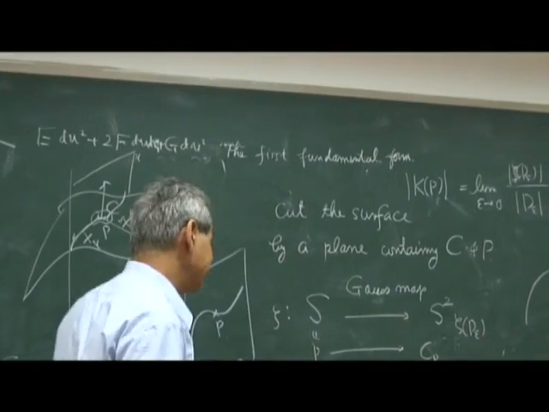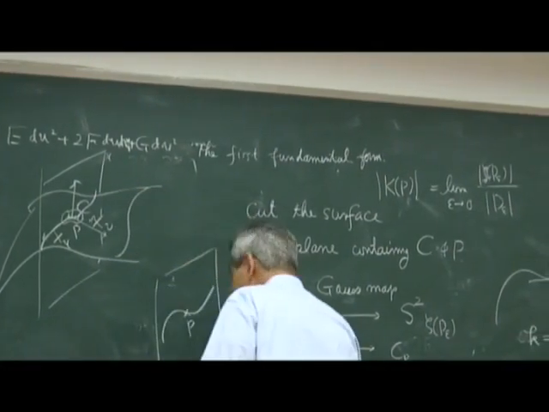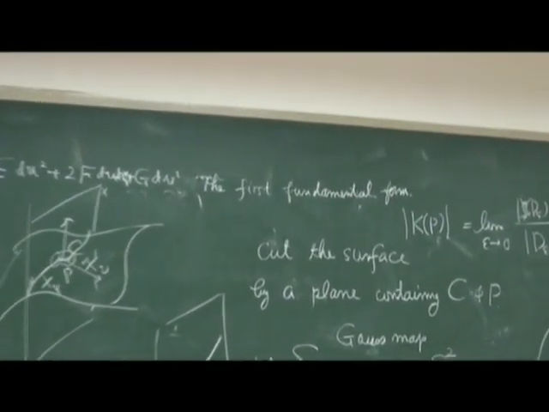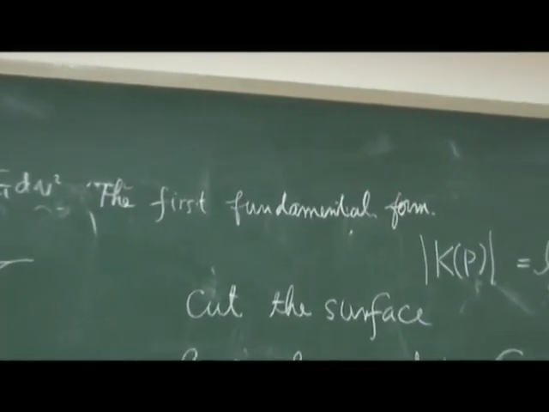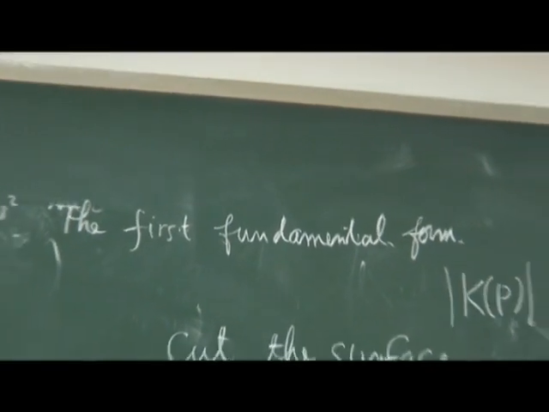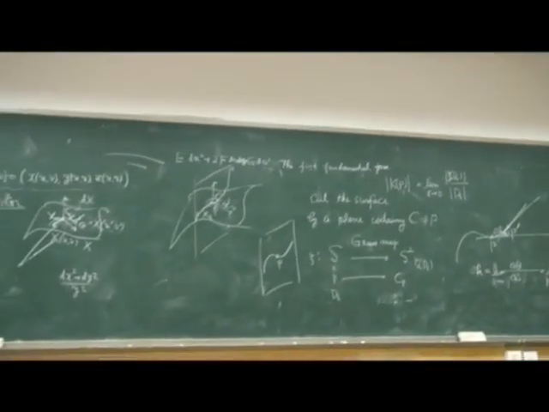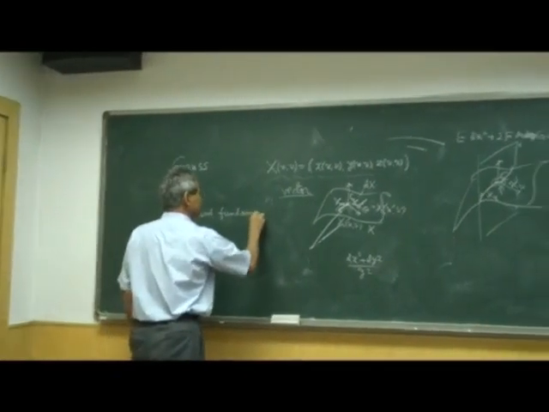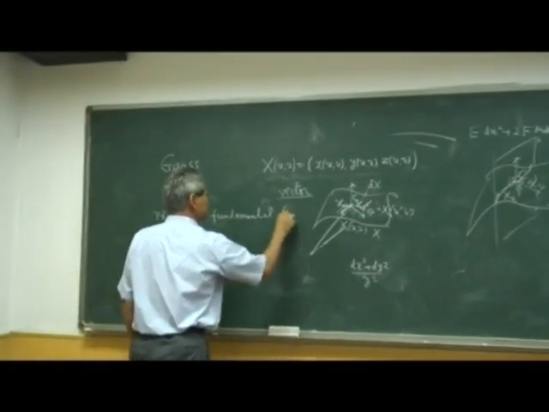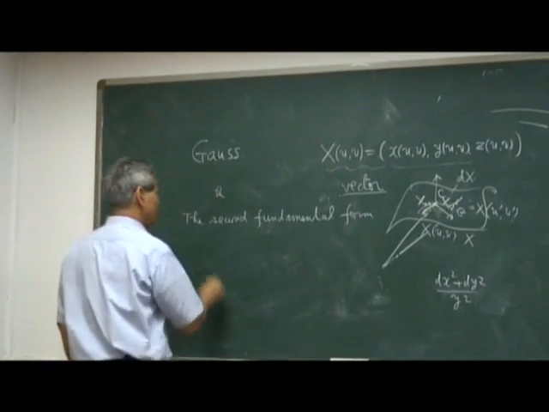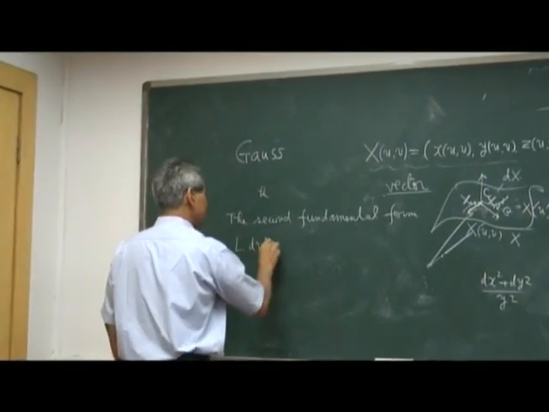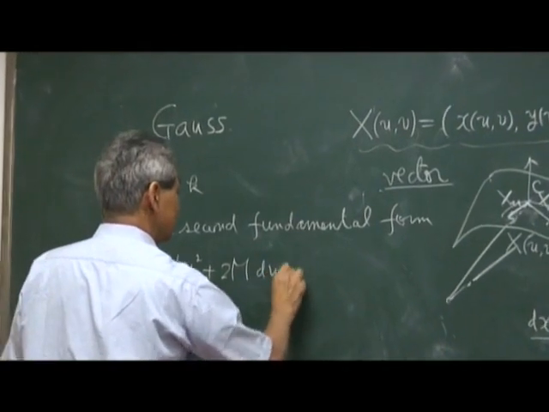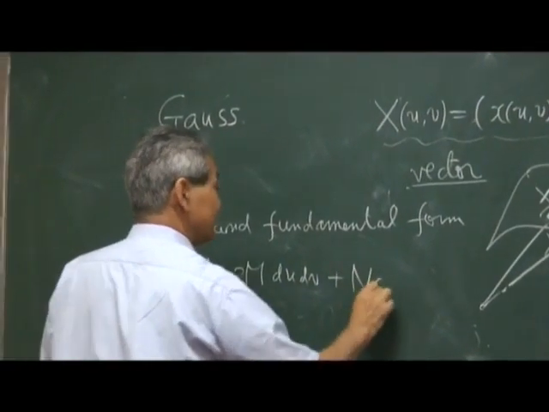He named it. And then to describe the K, you need the second fundamental form. So Gauss described L du squared plus 2 times M du dv plus N dv squared.